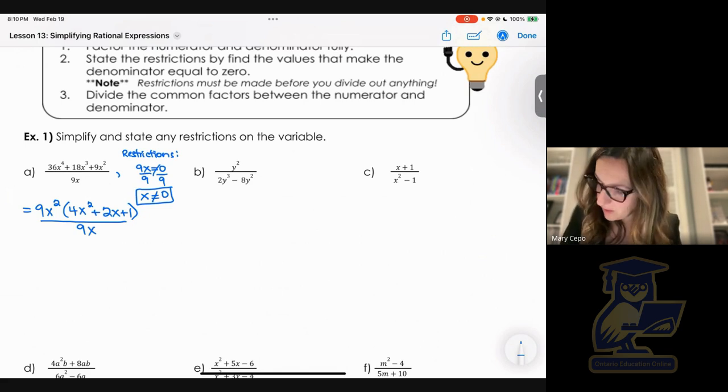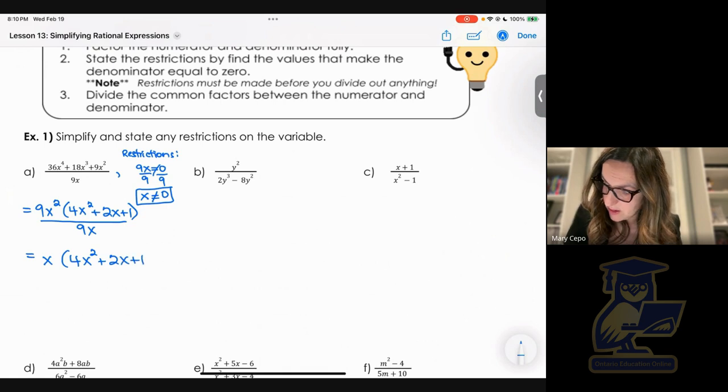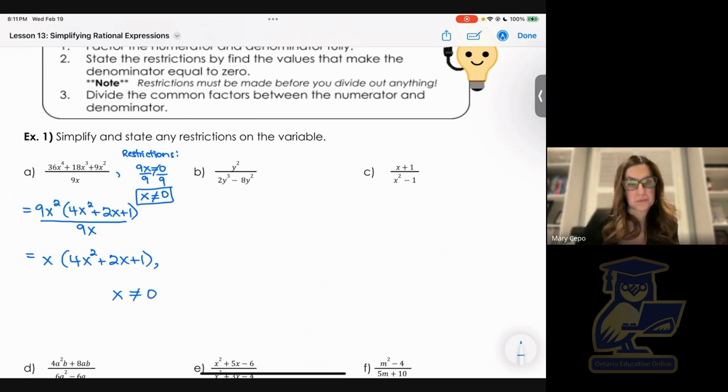Simplifying, those 9's cancel out. The x squared divided by x is simply x. We're left with x times 4x squared plus 2x plus 1. And we would state that x cannot equal 0.